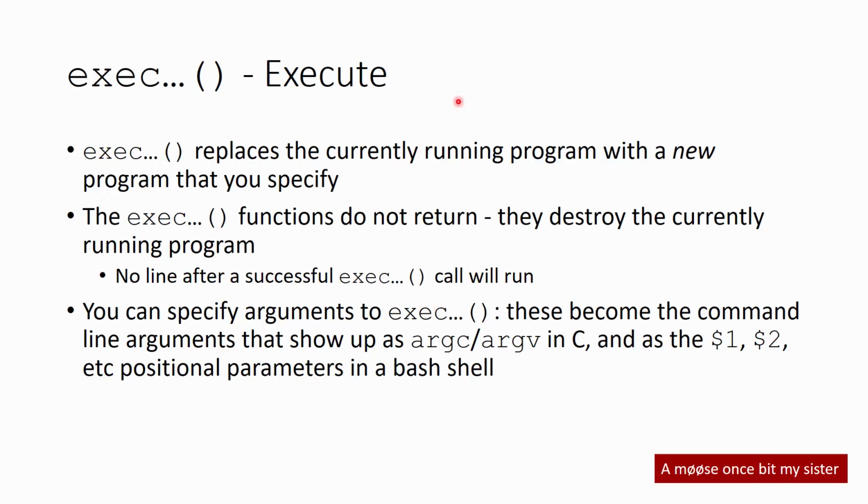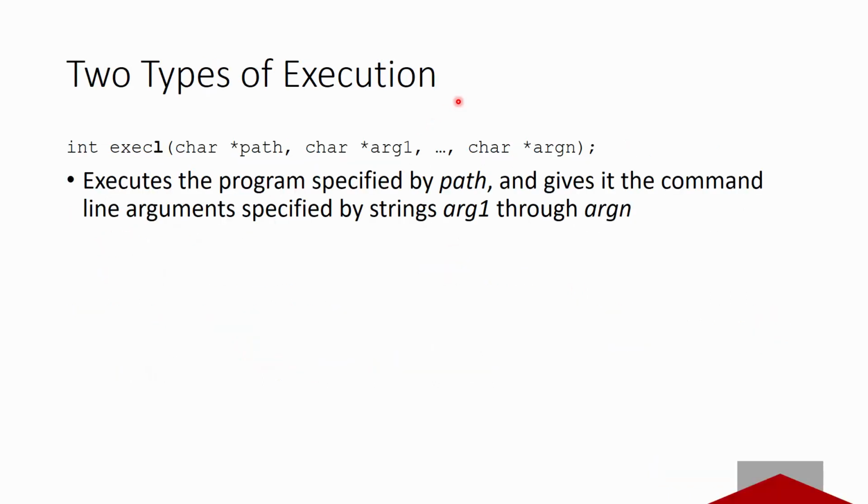There are two different ways of running the exec function. We're going to look at both major branches of exec, and there's two different ways to run each of those branches, so 4 different methods here. But here's a basic one.